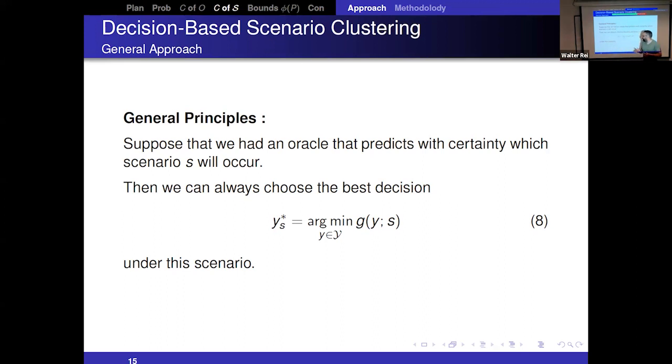What we did was to say that what we're interested in interpreting is the information in terms of decisions. So instead of using the values of the scenarios, we will use solutions or decisions. What was done here used the classical predict-and-optimize approach. If you're using a predictive model or an oracle and you predict a given scenario from your set, you would solve the deterministic problem based on that specific scenario.